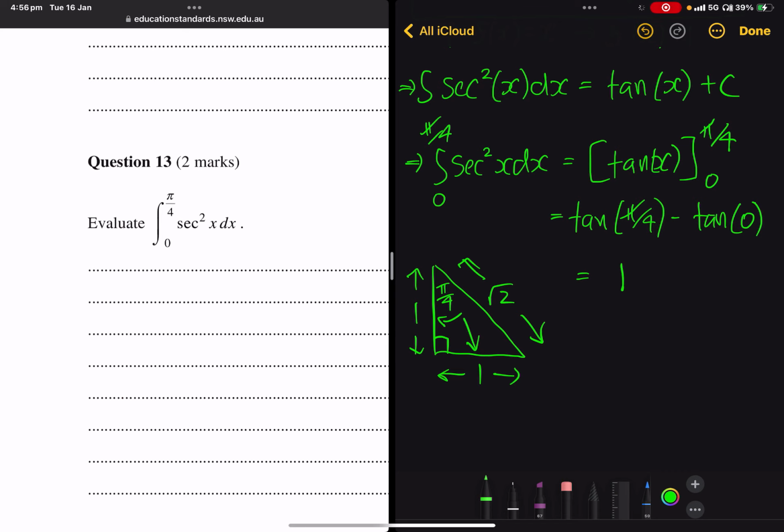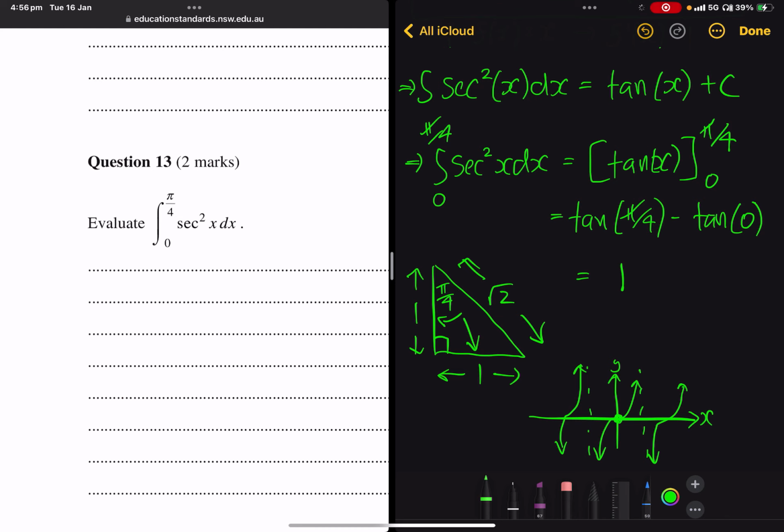Now tan of 0 we can't necessarily get from this diagram, but if you think about what the tan function looks like, sort of around the origin, goes up this way, goes down over here. This is the y-axis, this is the x-axis, has an asymptote here, and then sort of repeats itself continually over this way, and then continues having asymptotes.